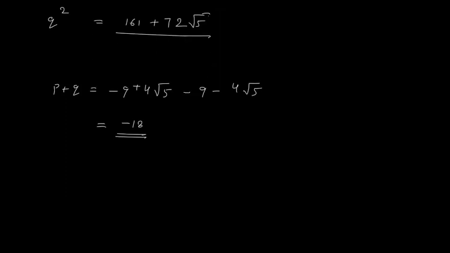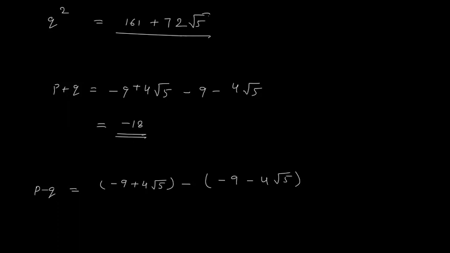Now P minus Q. Value of P is minus 9 plus 4 root 5 minus value of Q, which is minus 9 minus 4 root 5.